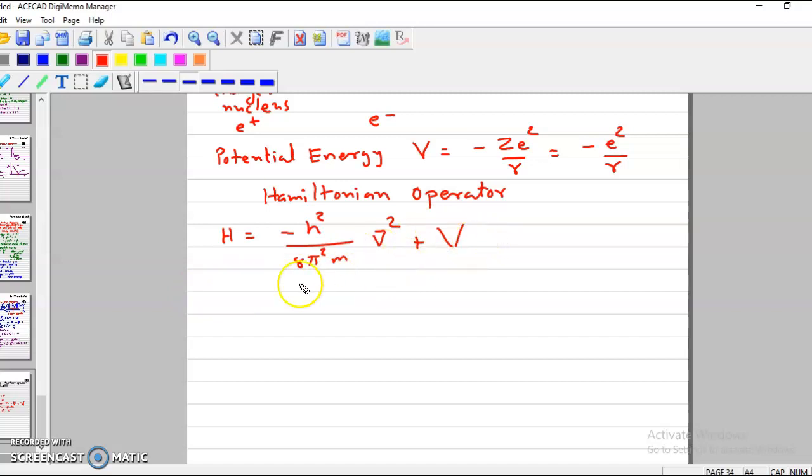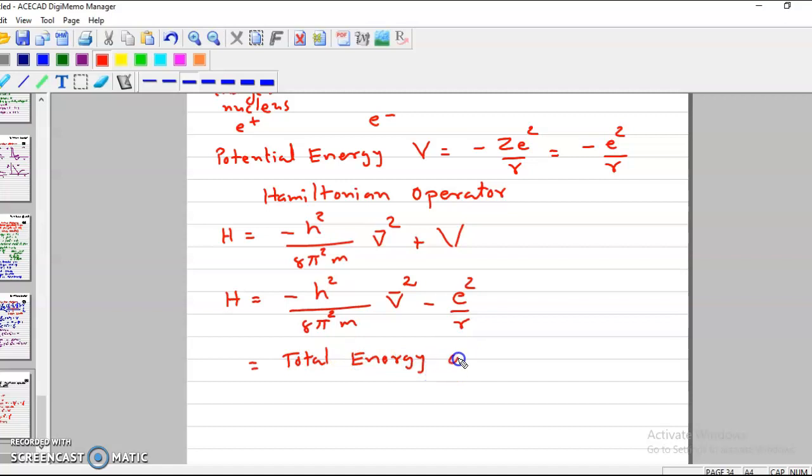So substitute the value of potential energy. So total energy of hydrogen is equal to minus h square upon 8 pi square m Laplacian operator del square minus e square upon R. This shows total energy operator for hydrogen atom.